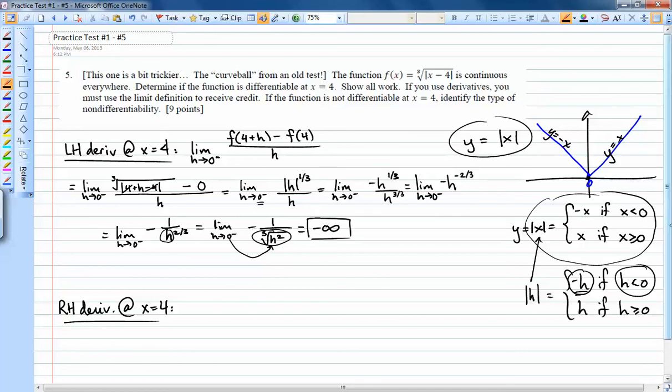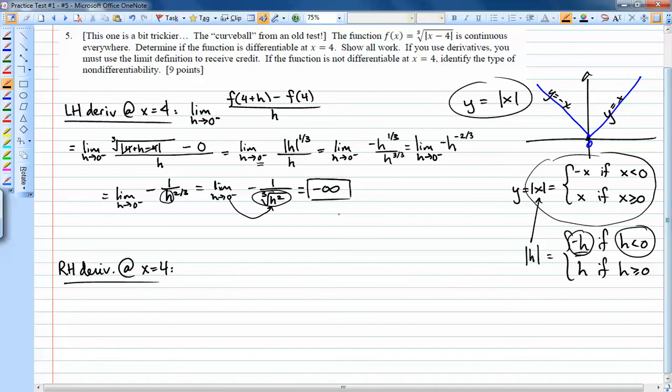So that's all just for the left-hand derivative. If I look at the right-hand derivative, this one's a little bit easier. f of 4 plus h minus f of 4 all over h. So that's going to equal limit as h goes to 0 from the right of, and now I need to plug in 4 plus h into this function for x right there.